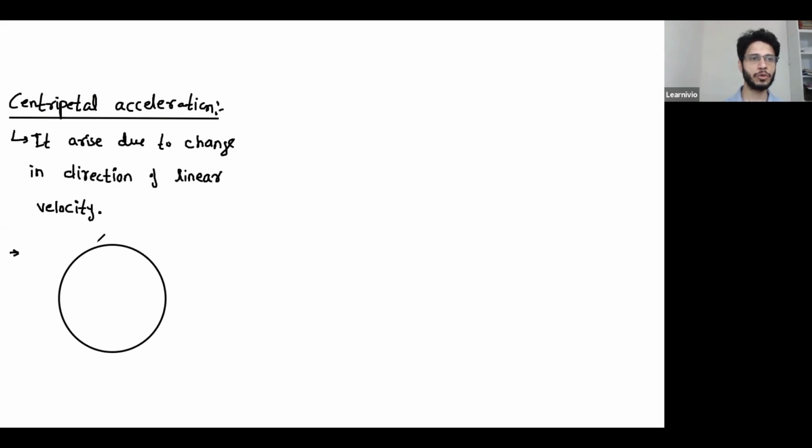So if a body is moving on a circular track, this is the radius of the track. Velocity is always tangential. This is the velocity.